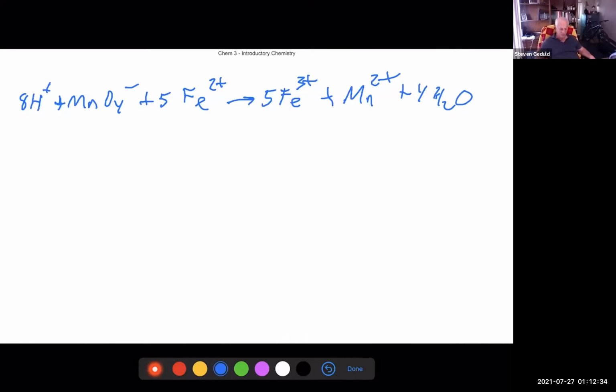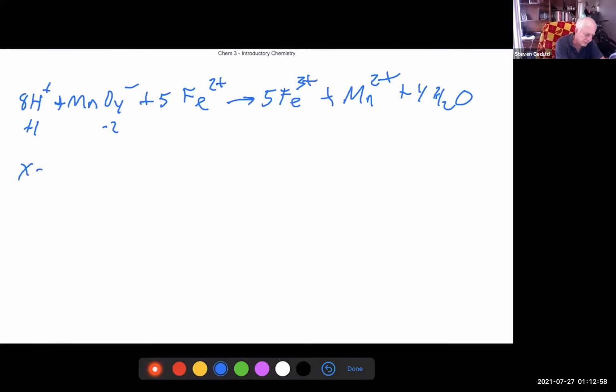Okay? So let's put down oxidation numbers. Hydrogen is +1, because hydrogen is a positive charge. It has to equal the charge on the compound. So hydrogen is +1 here. Oxygen, you know, is -2. So we have to solve for manganese. And oxygen is -2, 4 times.